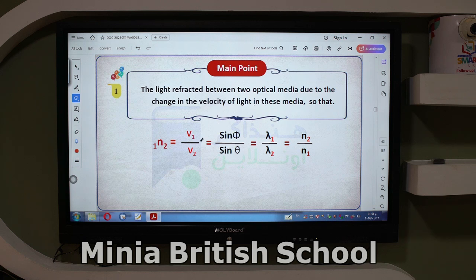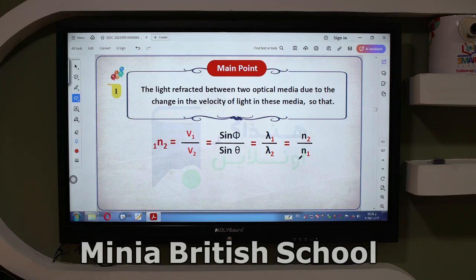So we have two velocities, v1 and v2, so that n from medium 1 to medium 2 equals v1, the velocity in medium 1, over the velocity of medium 2, equals sine phi over sine theta, the angle of incidence and angle of refraction, equals lambda 1 over lambda 2 equals n2 over n1.